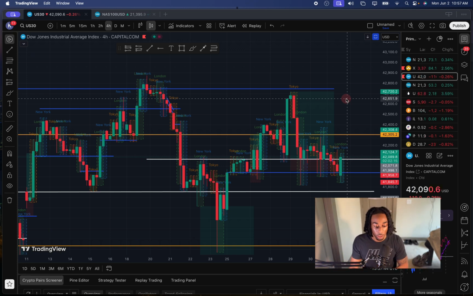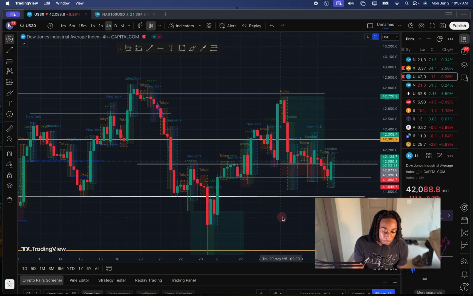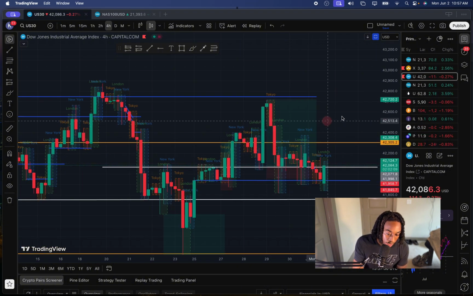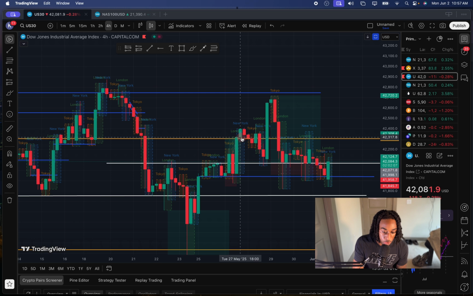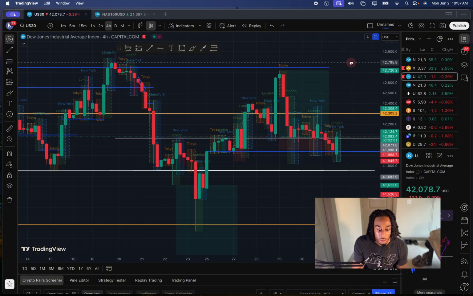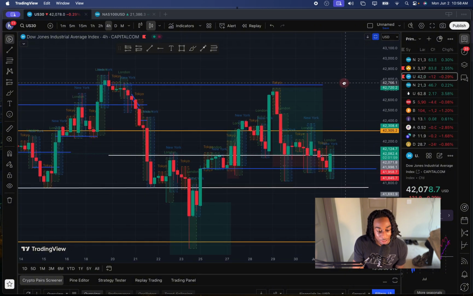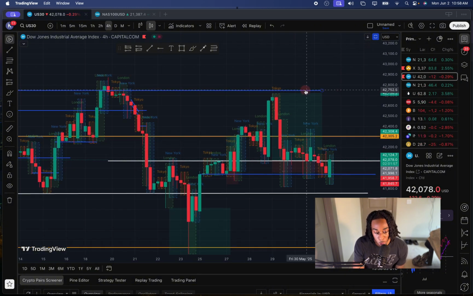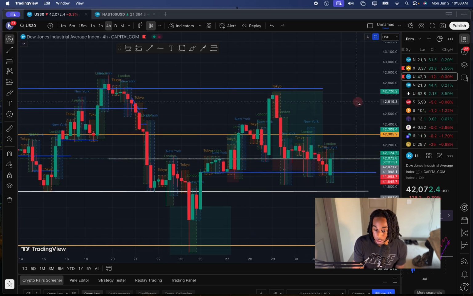So when I'm looking for the confirmations here, I noticed that since it did have a breaker structure here off this New York high, and then it had a breaker structure here off this Tokyo Open, this showed that it did want to go bullish. But since it didn't break this blue line, like it previously broke this line already, since it didn't break that line, I'm looking for sales now.